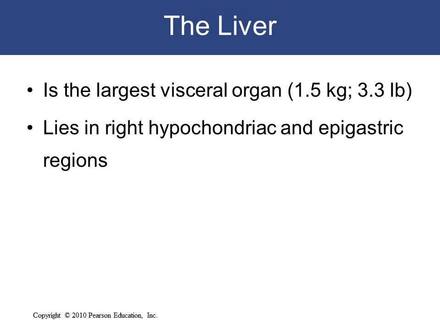The second accessory organ that will be discussed is the liver. The liver is the largest visceral organ, after the skin, which is the largest single organ. It weighs approximately 1.5 kilograms and accounts for approximately 2.5% of an adult's body weight.